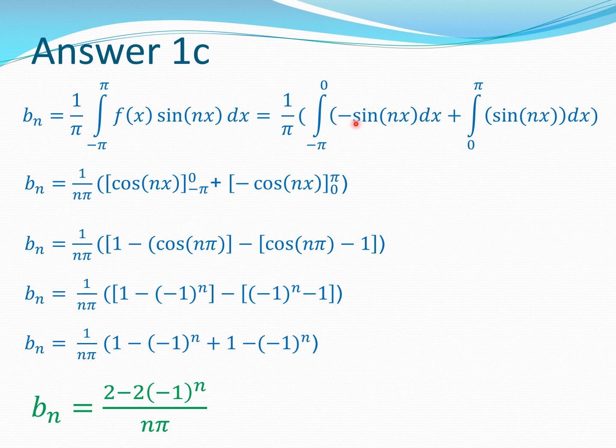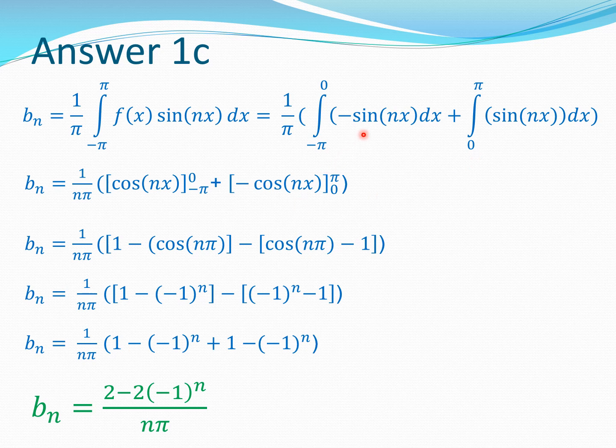Recall that the minus pi to 0 part was minus 1, so minus comes here, and the 0 to pi part was plus 1, so plus 1 comes here. This is actually one of the simpler functions as far as the integral is concerned, compared to functions such as exponentials, sinusoids, polynomials, and so on, because you simply have a 1 and minus 1 here. The little bit of complexity comes because you have to split this integral, and that's all.